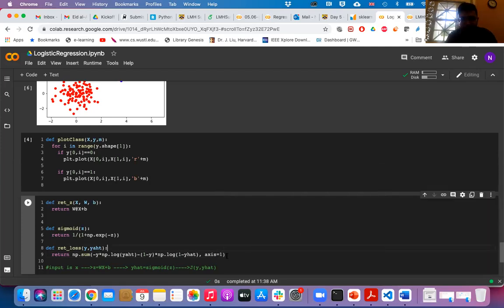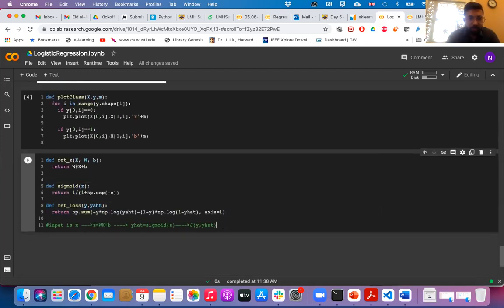Does it make sense to everyone why I did this sum here in the loss? Any questions so far? Any confusion about these three helper functions? So my y and y hat, y minus y hat is a vector where you have these values, let's say 0.1, 0.3, 0.4.